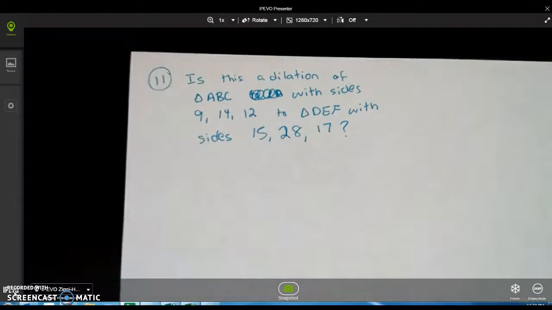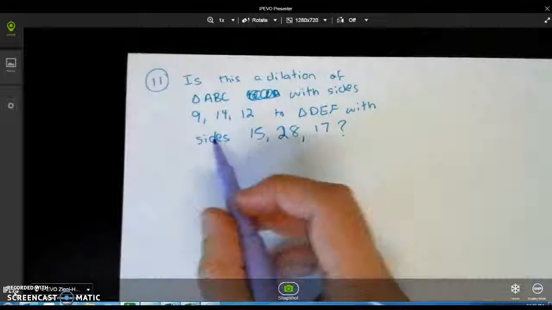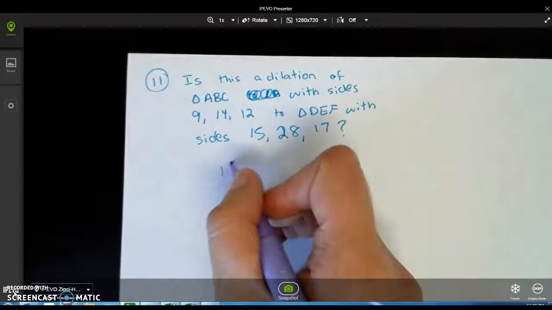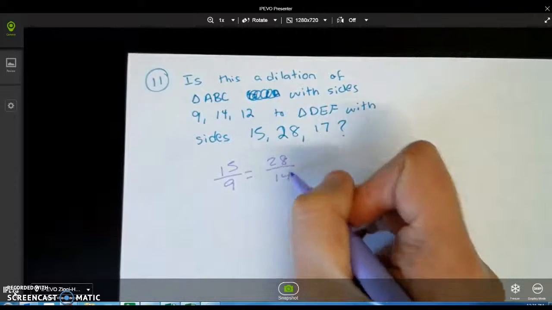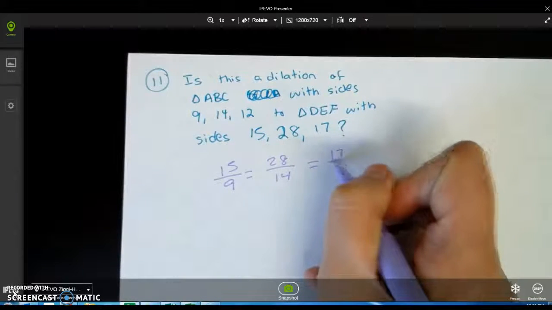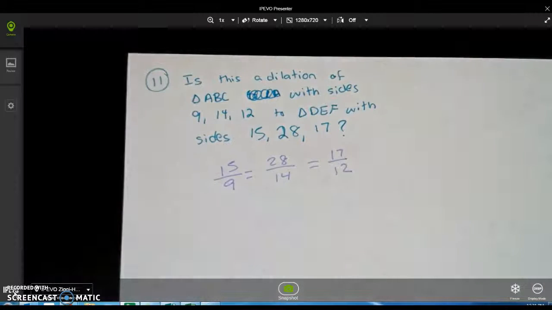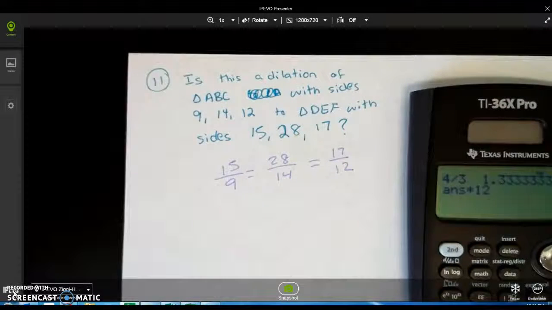We're going to do the same thing on number 11. Is this a dilation? Well, let's find out. I need my new point over my old point. 15 over 9 has to be equal to 28 over 14, has to be equal to 17 over 12. If that reduces to be the same thing, it works. You can probably see right now it won't do that.